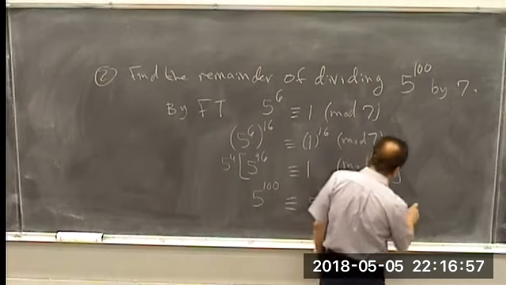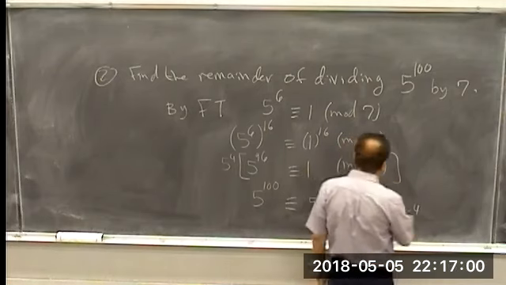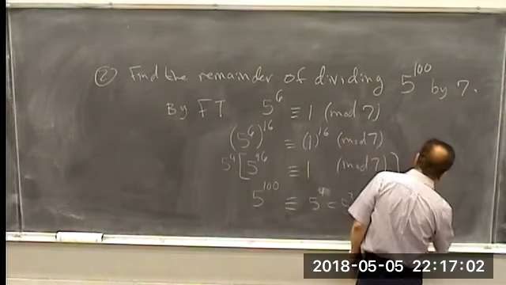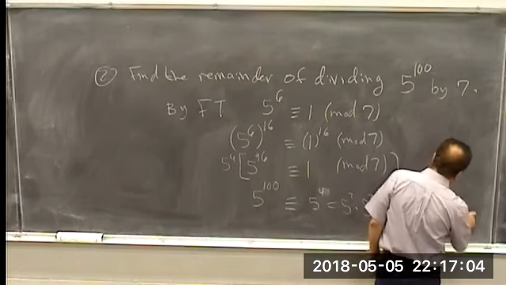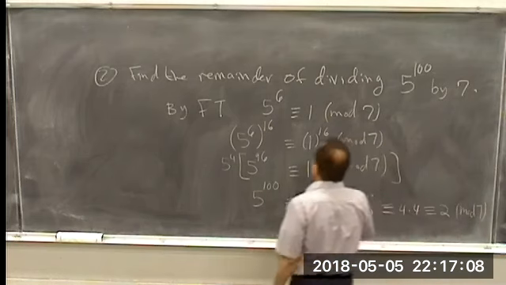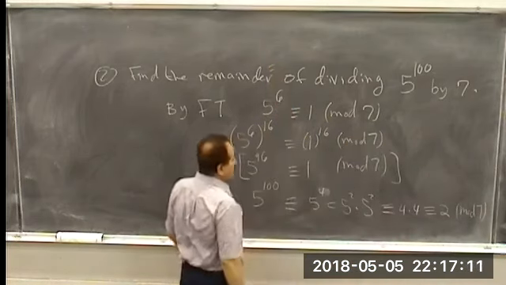And again this is 4. Now 4 times 4 is 16, which is congruent to 2 mod 7. So the remainder here is just 2.